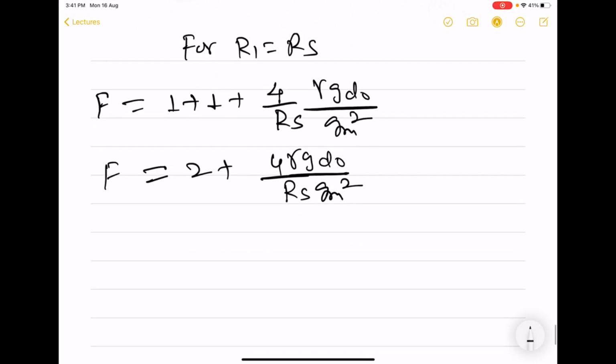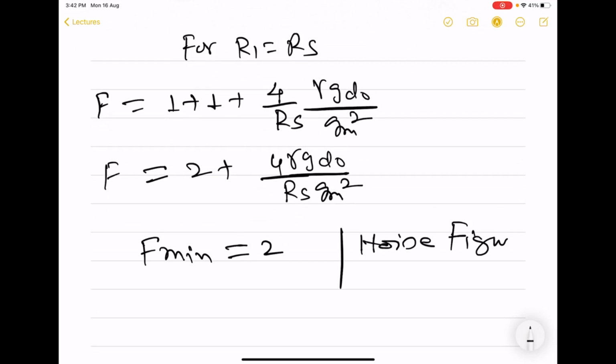So we see that the minimum noise factor is going to be equal to 2. That means the noise figure in dB, its minimum value, which we will call NF, will be equal to 3 dB.